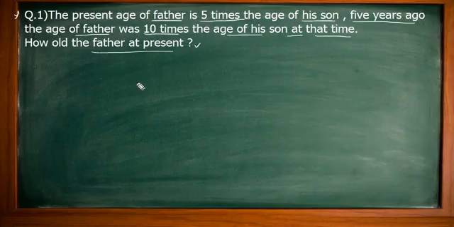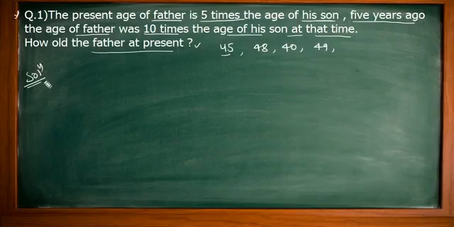Okay, this is your question. Your options are 45 and 48, and the next are 40 and 49. First of all, solve it yourself if you can. If you are new and can't solve this question, then I'm solving it on your screen right now.